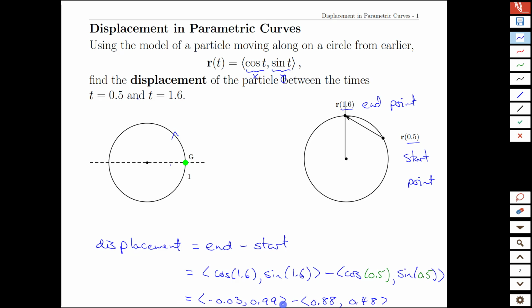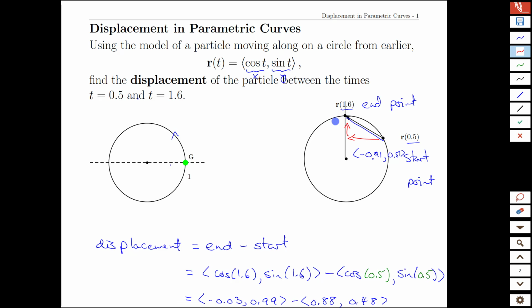And if we take a look at that, we're going to have one point minus another point that gives the vector connecting them, and that vector will be approximately this minus this, which is minus 0.91, and this minus this, which is 0.51. And we can see that we've got a left move of around 1 and an upwards motion in the y direction of 0.51. And so we get the components of that displacement vector.